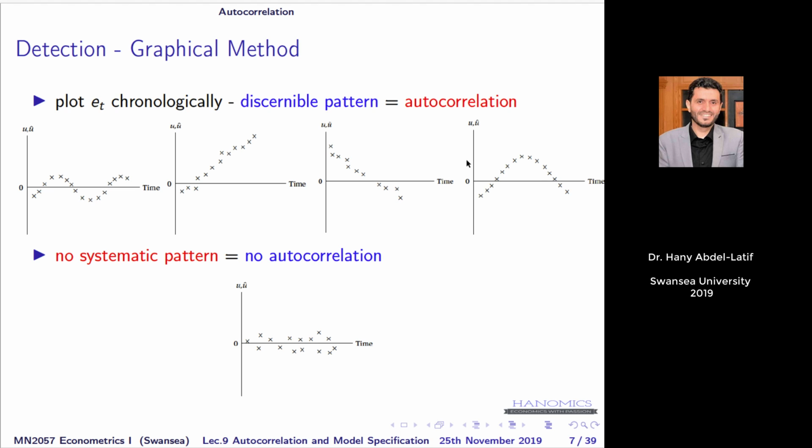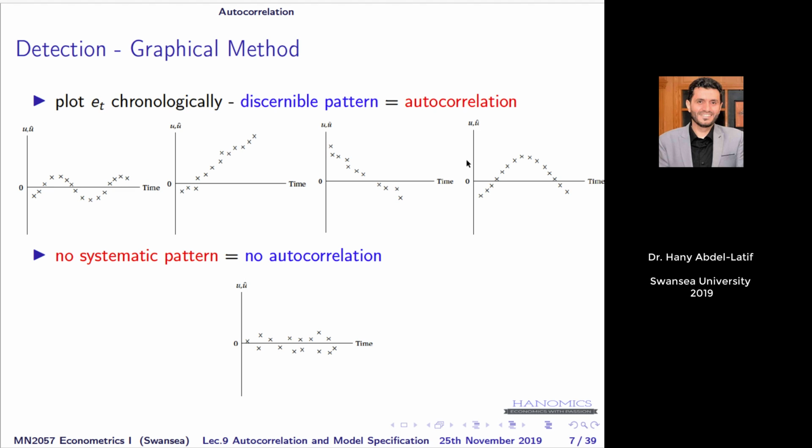The second one has a positive linear trend, again a possible sign of autocorrelation. The third one is a negative linear trend, again a sign. The last one is a quadratic trend, again a sign of autocorrelation.